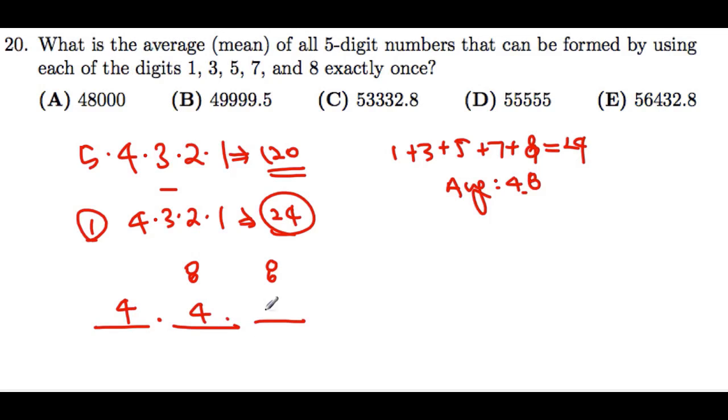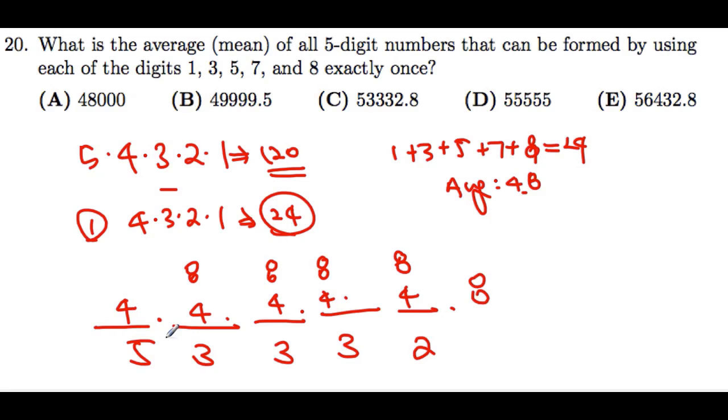And then 4.8 and 4.8. And the fifth digit will also be 4.8. So when you add them up, it becomes 2. And 1 goes up, therefore 3, 3, 3, and then it becomes 5. So our answer is 53332.8, which is choice C.